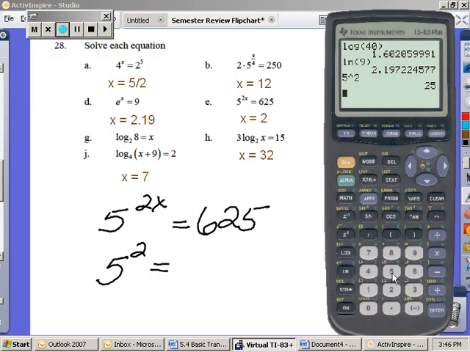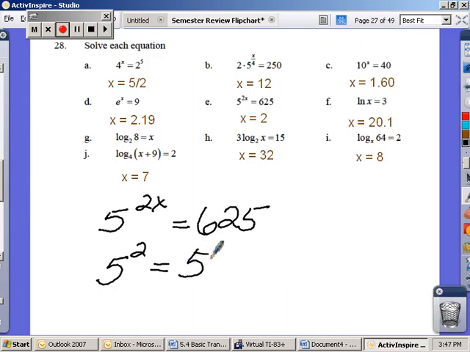That's 25. 5 caret 3 is 125. 5 caret 4 is 625. So 5 to the 4th power is 625. Now bases are the same, exponents are equal. Since my bases are the same, 2x is equal to 4. So x is equal to 2.